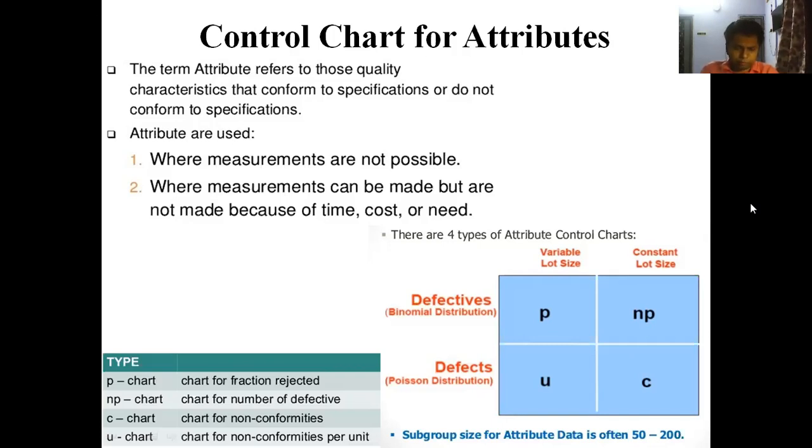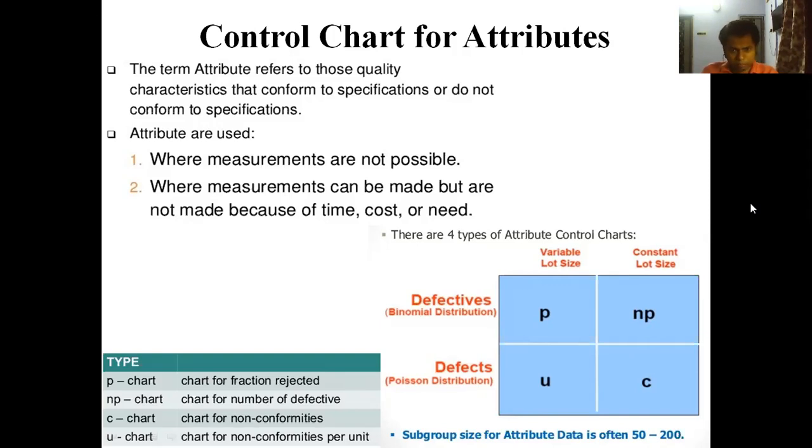There are some quality characteristics that cannot be measured the way variables are measured. Suppose, for example, you just think about casting defects.